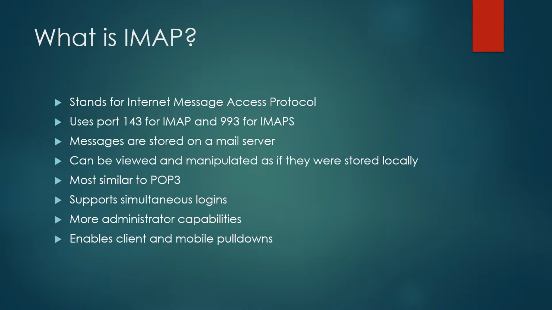It also gives you more administrator capabilities and enables client and mobile pull downs. This essentially means that if you pull down on one device, such as your mobile phone, and you pull those emails, it will not directly download to the device. Your emails will be on the server, like we said before, and you can actually access those from multiple devices.